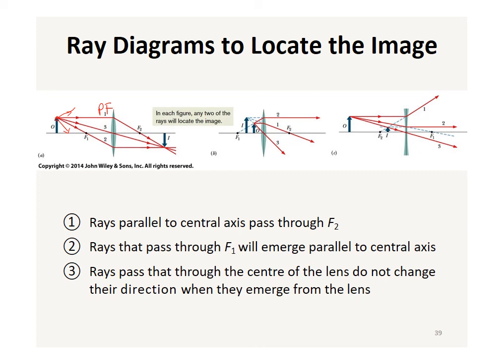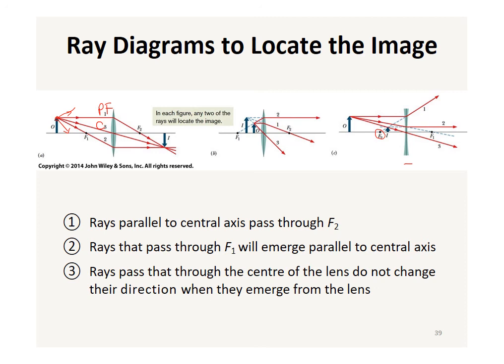When you're looking at lenses with a negative focal length, as we are over in the right-hand side here, make sure that you remember that the secondary focal point is actually closer to the object than the lens. Another ray that you can draw is one that travels through the center of the lens, and that one remains undeviated in its path. It's called the C ray in the textbook sometimes.